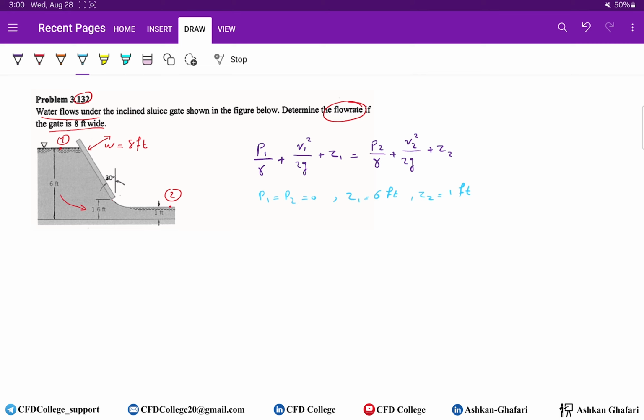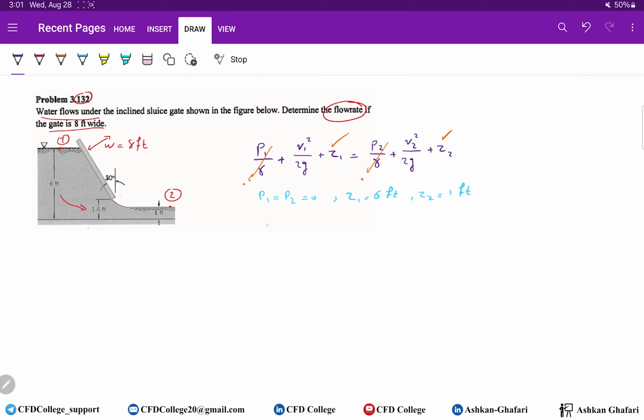It's a gate. So water can have velocity at point 1, and you can understand it from here. So these pressure terms are 0, and we know Z1 and Z2, and we want to know velocities. Since it's not an infinite reservoir or tank, we should find velocity V1, and we should find the relationship between V1 and V2.